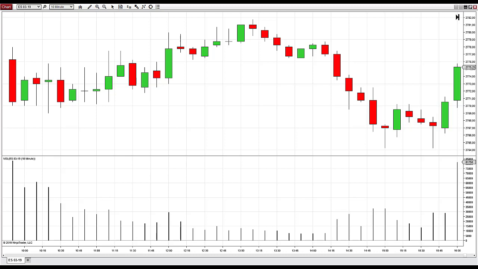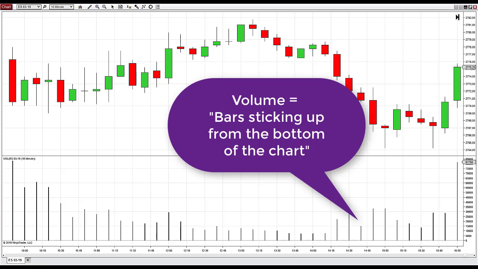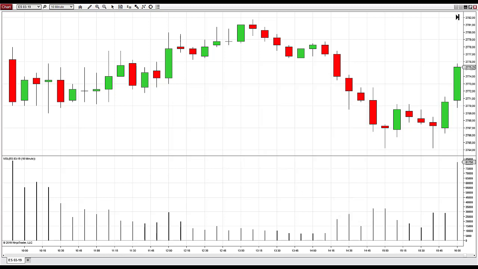The volume is displayed as a bar graph, and in layman's terms, that means these bars sticking up from the bottom of the chart. Together with the candles, the volume will give you a lot of information. By analyzing trends and changes in the character of the volume, together with analyzing the movements in price, you can get a better understanding about the relationship between supply and demand.